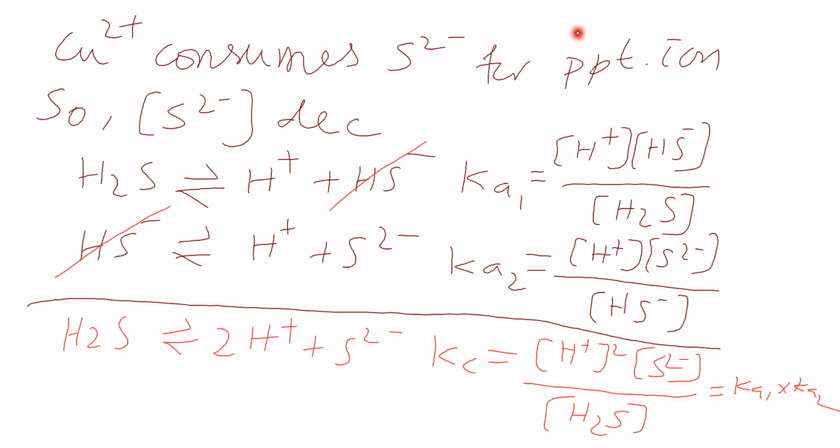Ka1 is 10 to the power of minus 7, Ka2 is 10 to the power of minus 14. Therefore, Kc is equal to 10 to the power of minus 21.